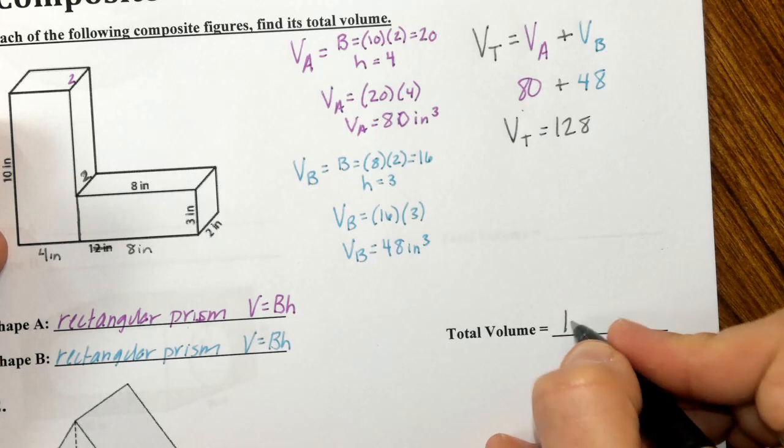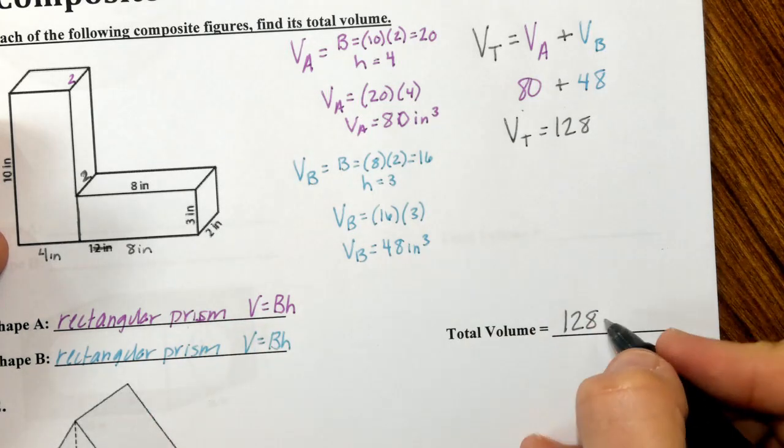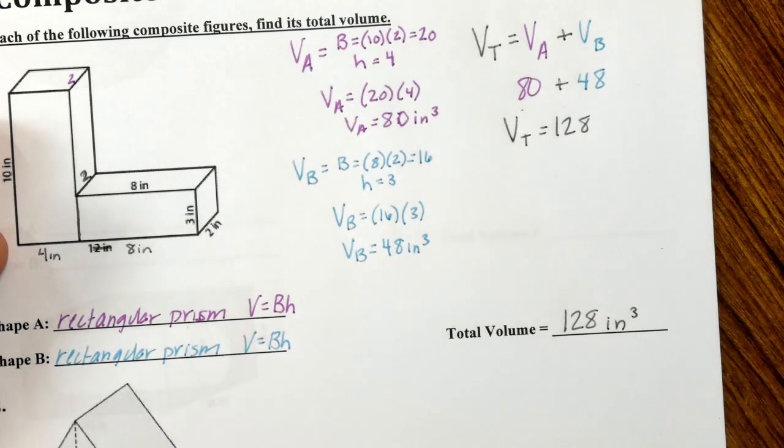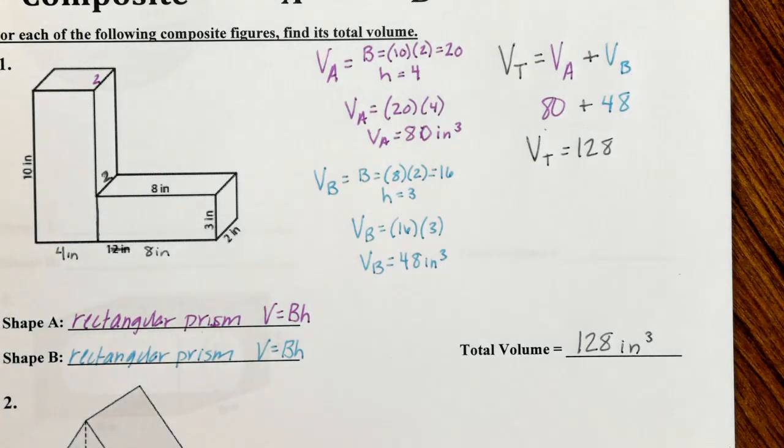So down here we have 128 inches cubed. It's just dividing them separately and adding or subtracting.